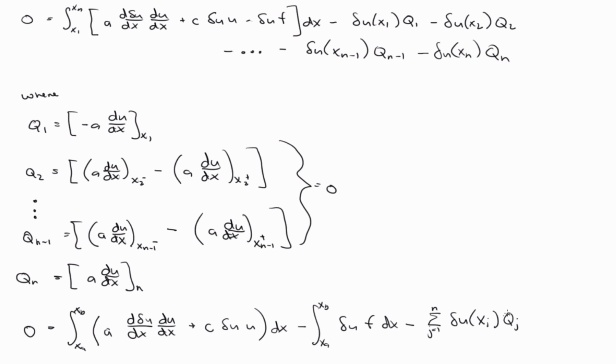And so these QJs are QJs that are external. There's some external source, right? And we'll look at this in a second.